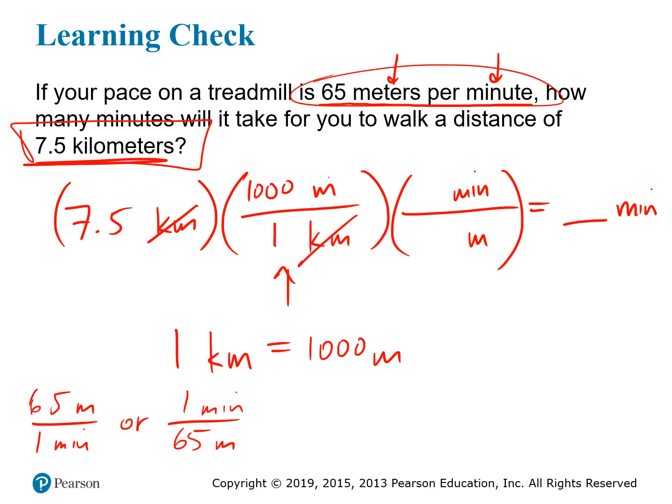If you want, you can think about it in terms of the equation, where 65 meters equals 1 minute, and then develop the conversion factors from that, but it's the same thing. So the real question is, which number goes where? Where does the 1 go? Where does the 65 go? Well, this is the conversion factor where the units match with minutes on top and meters on bottom. So for every 1 minute, we go 65 meters.